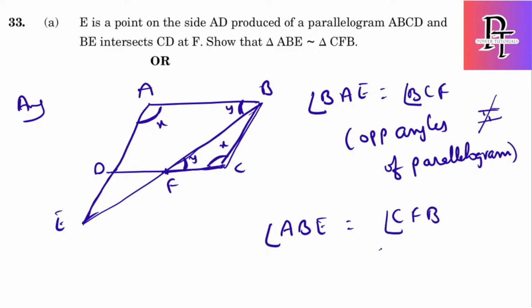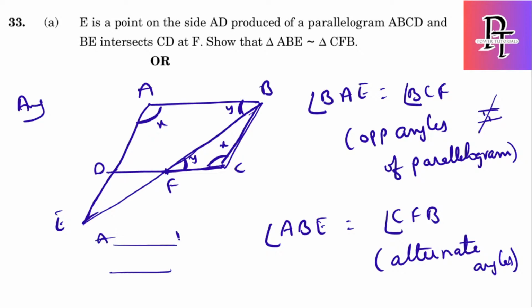How can I say these are equal? These are alternate angles, precisely interior alternate angles between parallel lines. For suppose this is AB, and this is DC, and this is the line cutting them, then this angle and this angle will be equal. So from AA similarity, I can say that the triangles are similar.